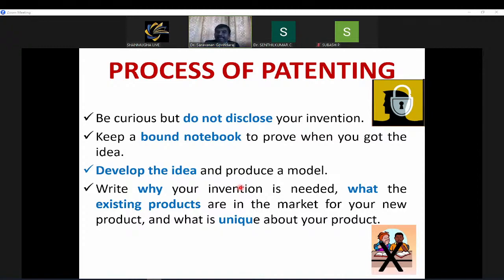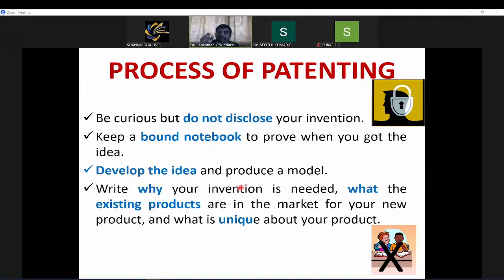Then from that idea, try to develop a product or a process. When you are developing a product or a process, keep in mind how your idea or your product is better than the already existing one.